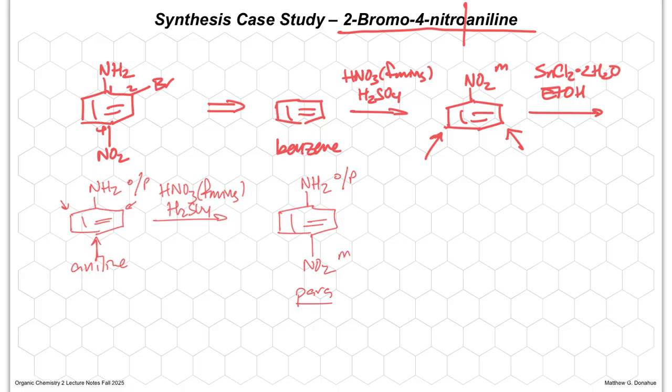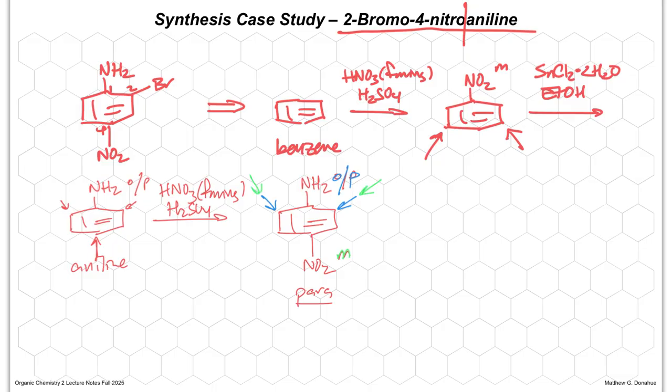So amino is ortho-para directing, nitro is meta directing. Maybe I'll do this in different colors for my own gratification. So ortho-para in blue. The para position's blocked. So meta in green. So meta relative to that nitro group.